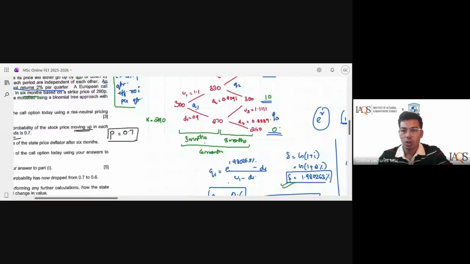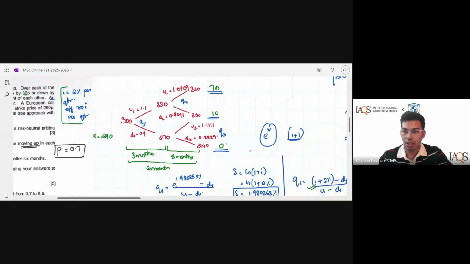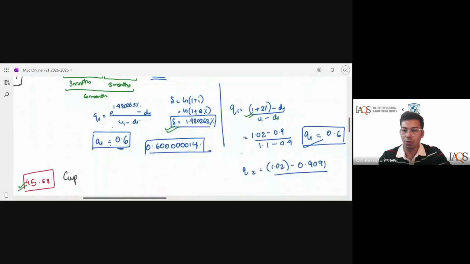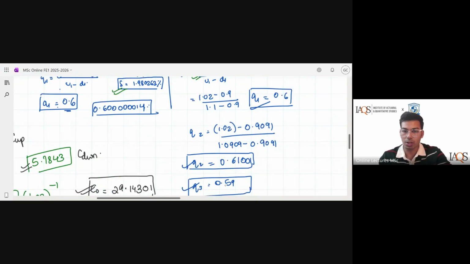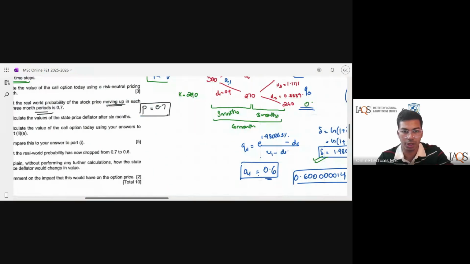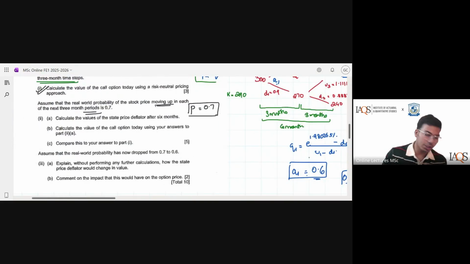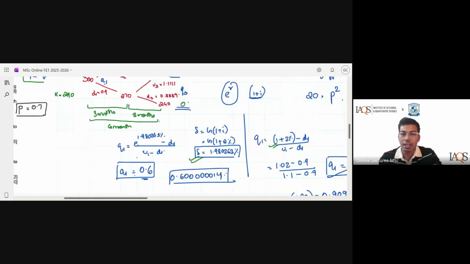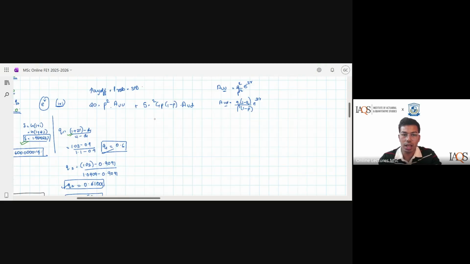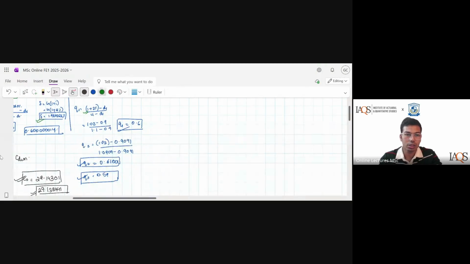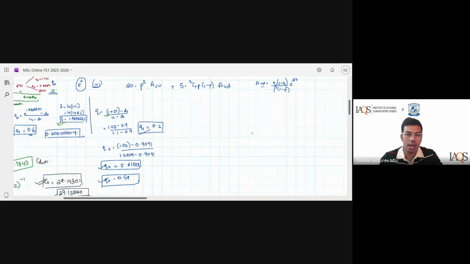I know the value of Q1 is 0.6, the value of Q2 is 0.61001 and the value of Q3 is 0.59. Now let's see what they're asking. Calculate the values of the state price deflator after 6 months. Hence, can I say they are essentially asking me to calculate, if I have this diagram.